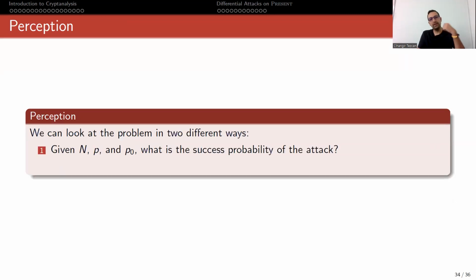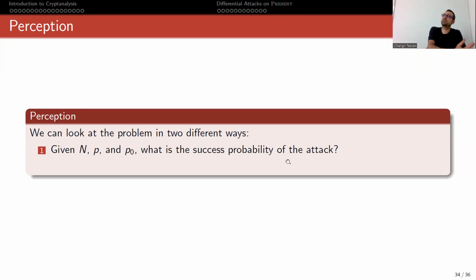We can look at this problem in two different ways. One way is that you already found the distinguisher, P and P0. You have the probabilities, and you say that you are going to perform the experiment N many times. So you choose N, and P and P0 come from the distinguisher you found. The question is, what is the success probability of the attack?